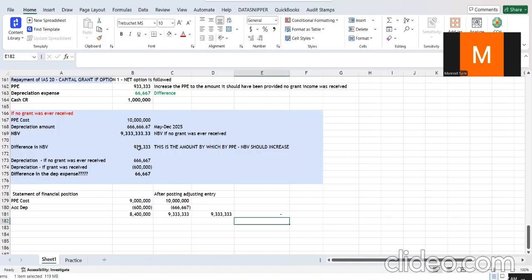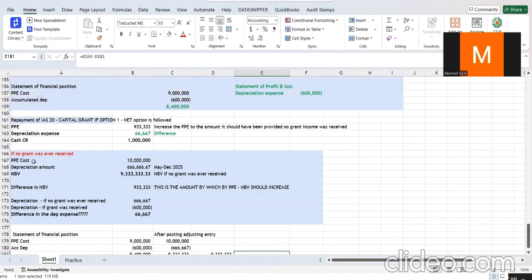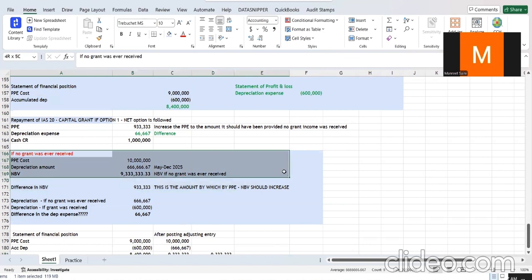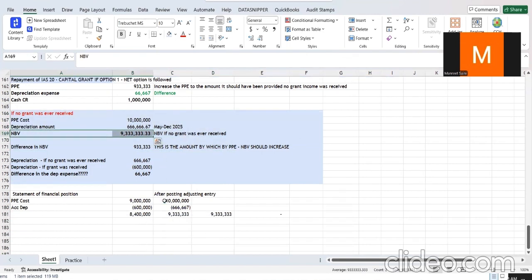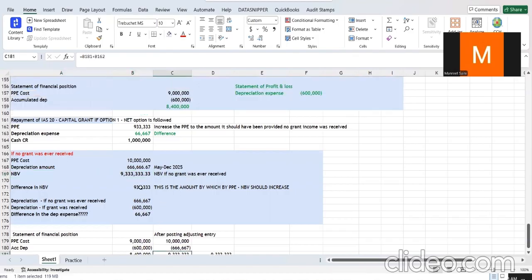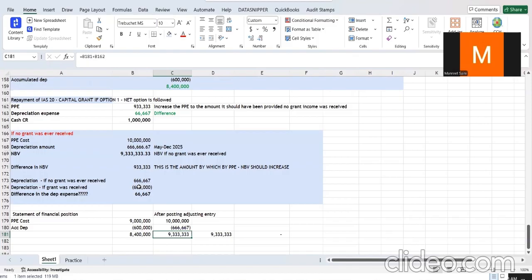So it's all matched, right? So it shows that my repayment entry is correct because my net book value matches the net book value it should be after I post my adjustment entry. Okay, I hope this was clear. Repayment is a little bit tricky, but I hope this is clear to you now.